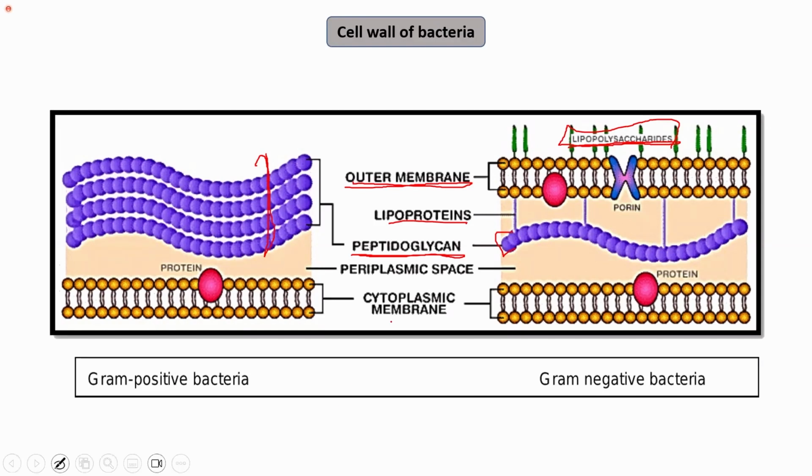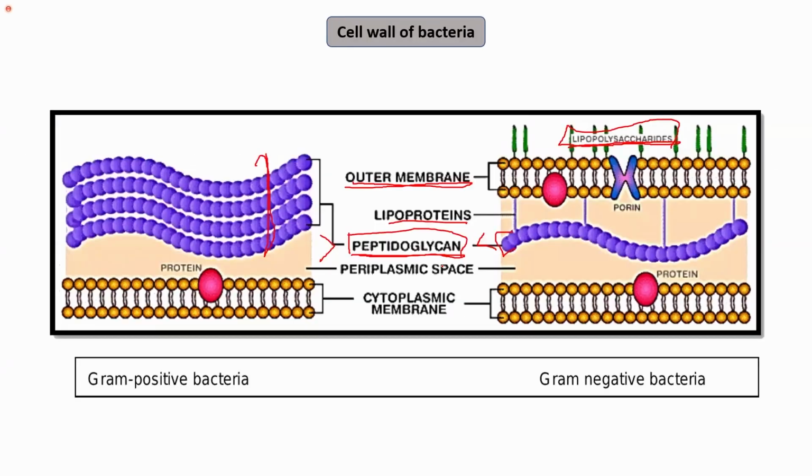So this is the difference between gram-positive and gram-negative bacteria based on the thickness of the peptidoglycan. In this case, we have a higher amount of peptidoglycan, while in this case, we have a very low amount of peptidoglycan, right?